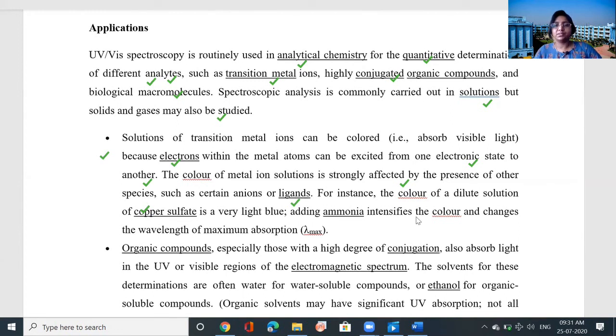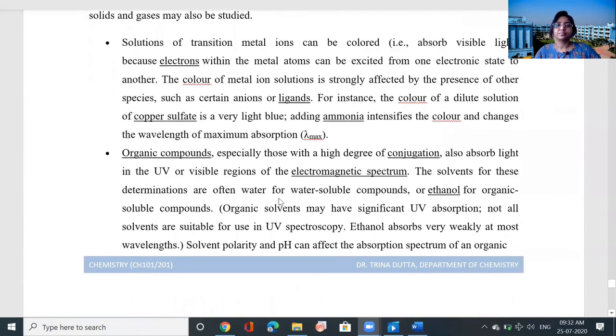For instance, a dilute solution of copper sulfate is a very light blue. Adding ammonia intensifies the color and changes the wavelength of maximum absorption. So we can understand that easily.